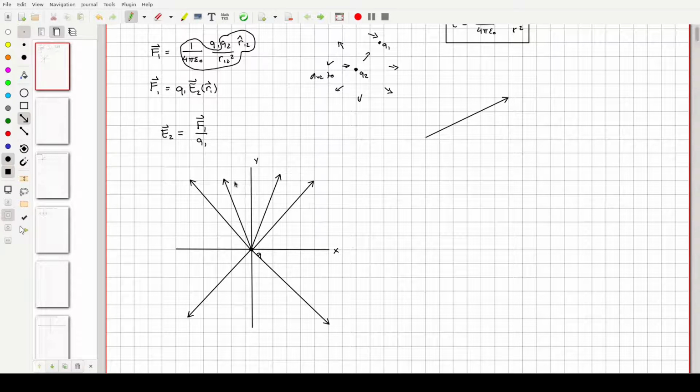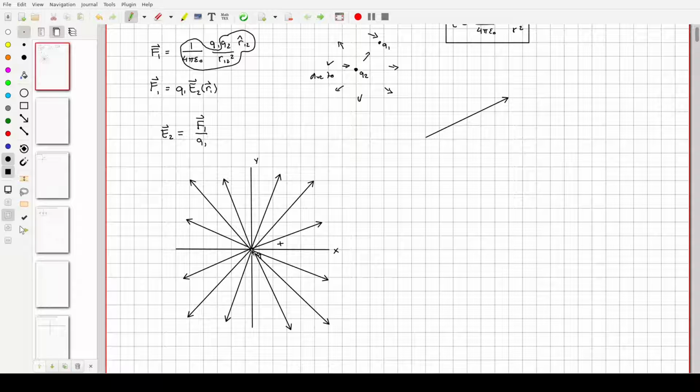Now, truthfully, there would be an infinite number of these little vector lines, but that would take an awful lot of time to draw, since it would be infinite. So I'm just going to draw a few of them, like this, okay? Now, here's the deal. In this case, our charge is positive, and these vectors, their tails sit at the location of the charge.